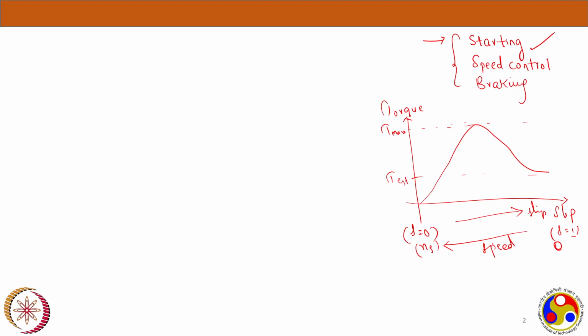So we are now interested in the torque speed curve. Let's reverse this curve and then we will start discussing our concept of torque speed. The only purpose of reversing it is that we need to have a good torque speed discussion. So let's draw it with an increasing trend.